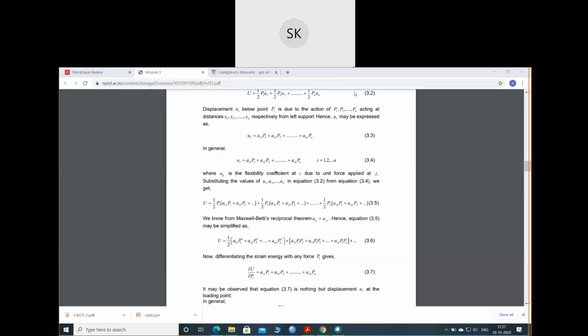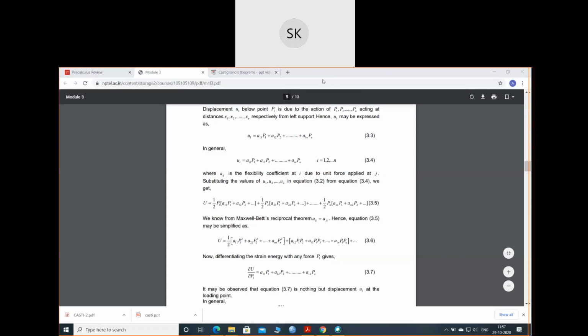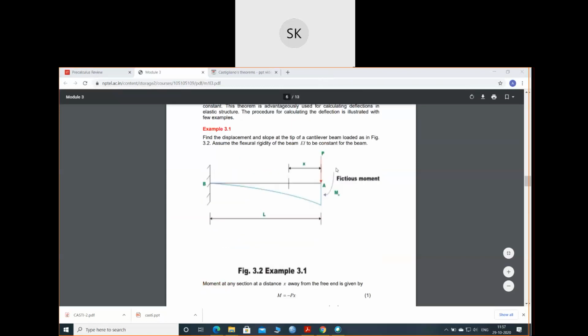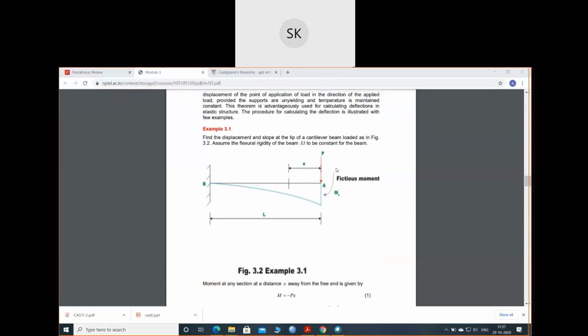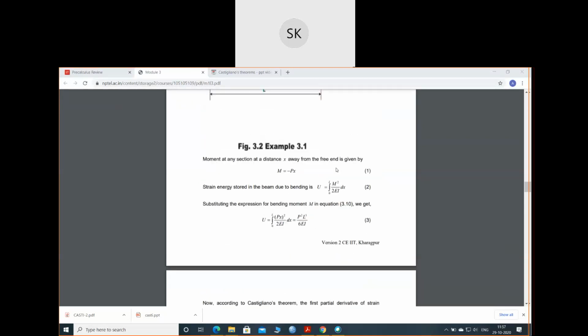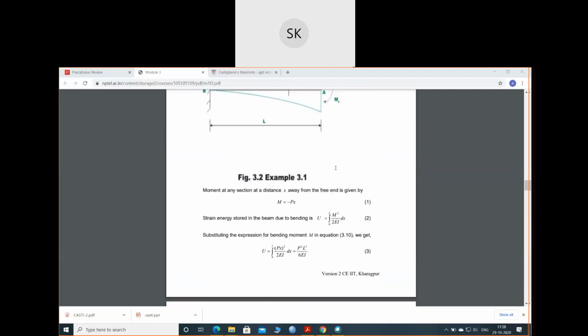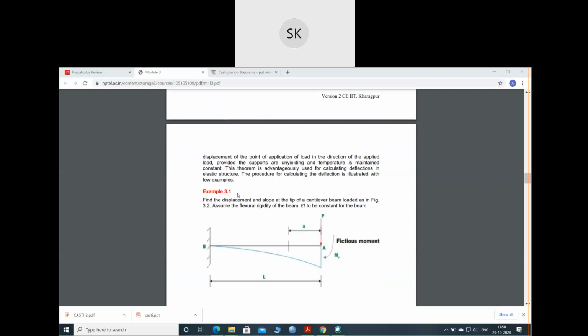Any confusion so far? We can solve one numerical based on this. Okay, we'll see this example.